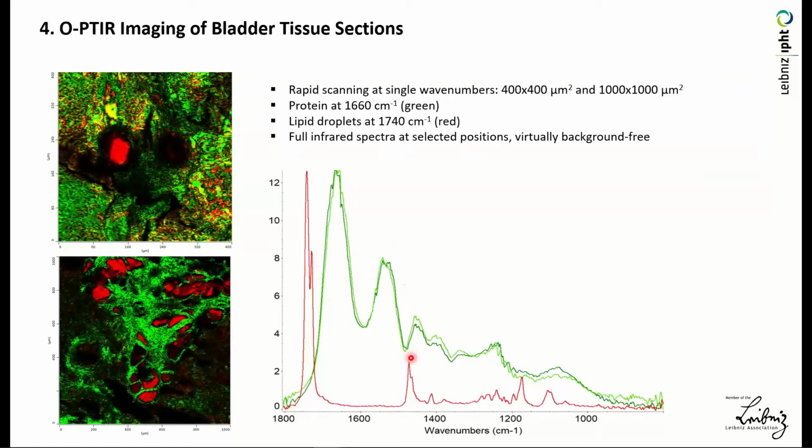And also full spectra have been collected at selected positions. The region of interest was here 400 by 400 micrometer in the top image and 1 by 1 millimeter at the bottom image. And the spectra are virtually background free. That means without further correction, the baseline is close to 0.